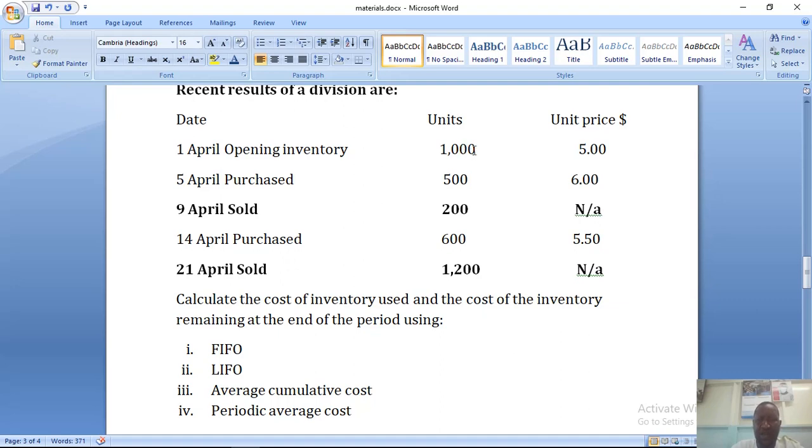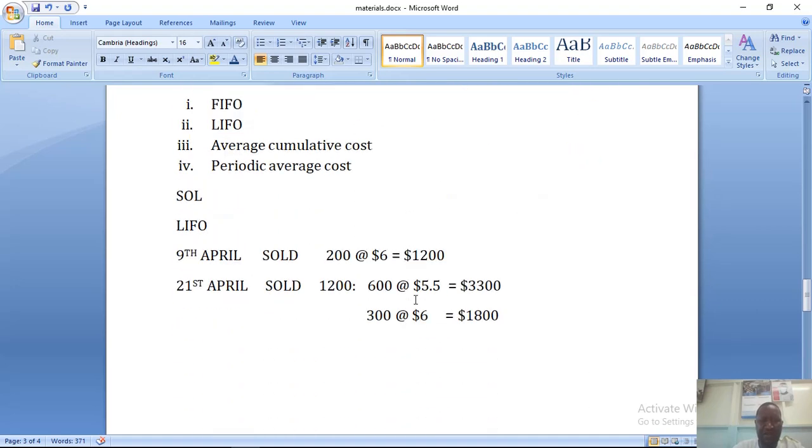So we issue another 300 units at the price of $5. Issued at that price, we have $1,500.